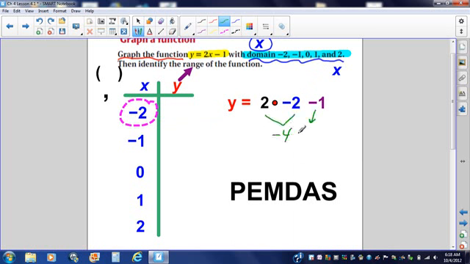I'm going to copy the rest of my problem: a -4 and a -1. I'm really adding those together. So 4 plus 1 gives me 5, and a negative plus a negative gives me a negative. So I'm going to take this answer, that's my answer for y, and put it right here across from the -2.